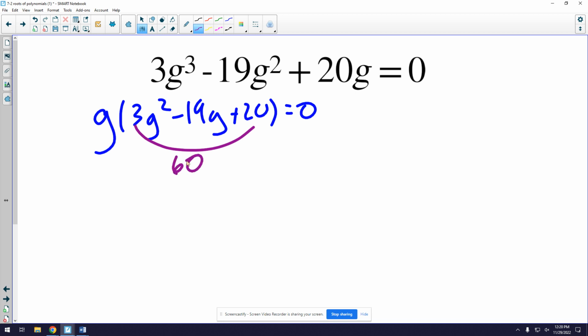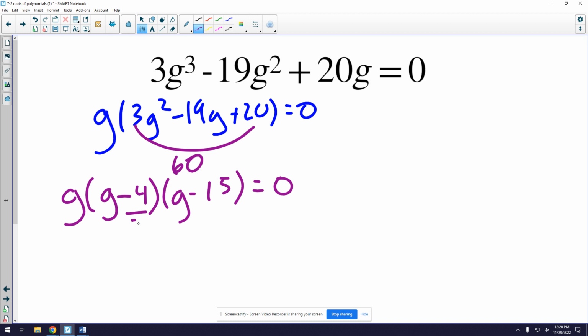Two numbers that multiply to be a positive 60, but add up to be a negative 19 means I need two negatives. 4 and 15 will do that. Negative 4 and negative 15, which need to then be divided by 3, since that's your number in front of the g squared. 4 can't be divided by 3, so it gives you 3g minus 4. 15, however, becomes minus 5.